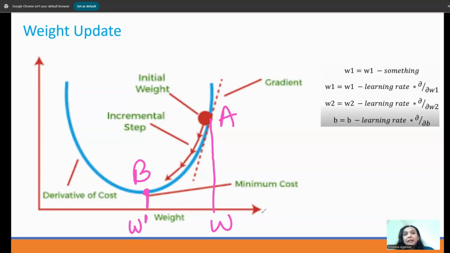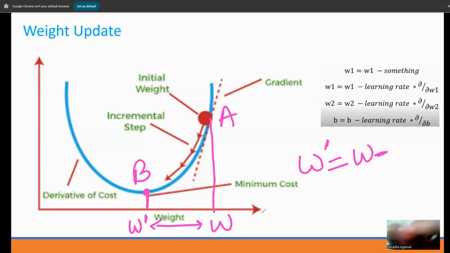So what is happening is, to reach W dash, you have to subtract this value, say this is X. So W dash will be your W minus X. This will be your new weight, right?